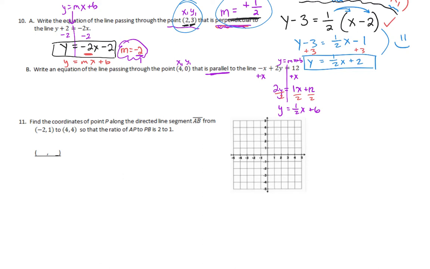The reason we want it in y equals mx plus b is because we want that m. There it is. m is equal to 1/2. And if I want to be parallel to that, I know that parallel means same slope. So my new slope is going to be the same, 1/2.